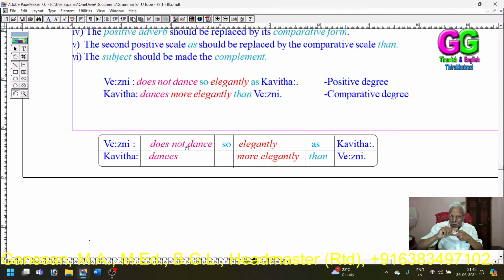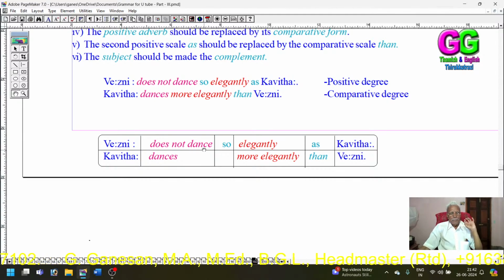If it is negative, positive. If it is positive, negative. So here the verb is does not dance. It is in negative, so it should be changed into positive. Its positive is dance or dances.